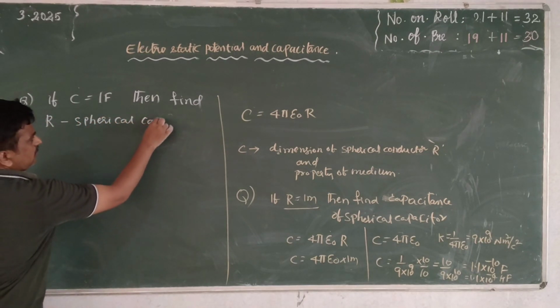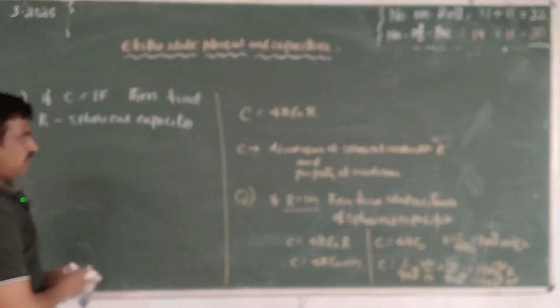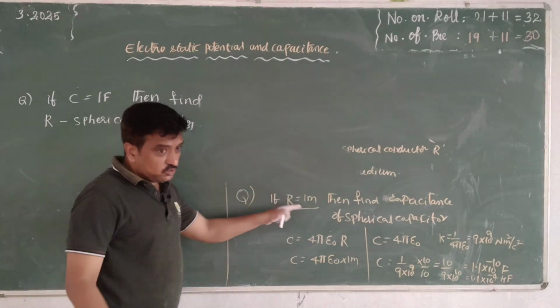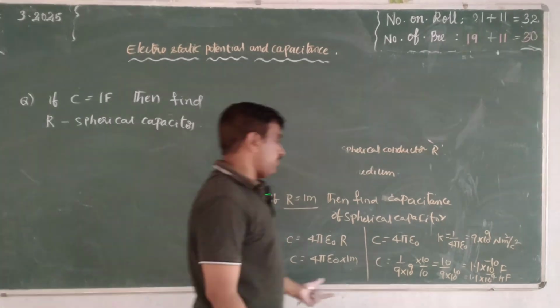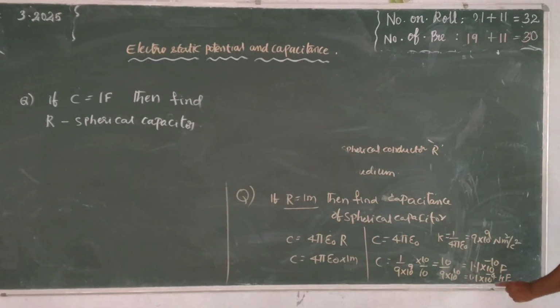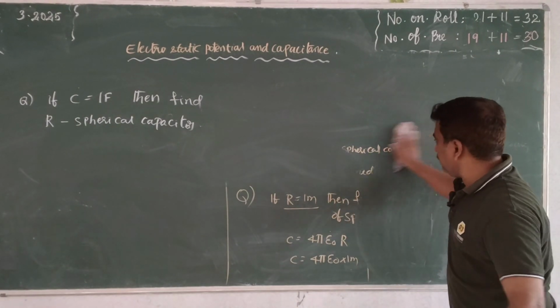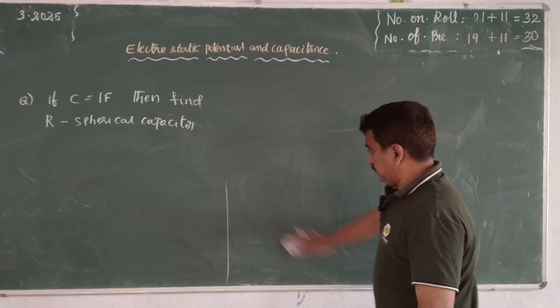Before, we discussed that if the radius is 1 meter, the capacitance of the spherical capacitor is 1.1 into 10 power minus 4 microfarads. But now they give the capacitance as 1 farad. For that, what is the radius of the spherical capacitor?